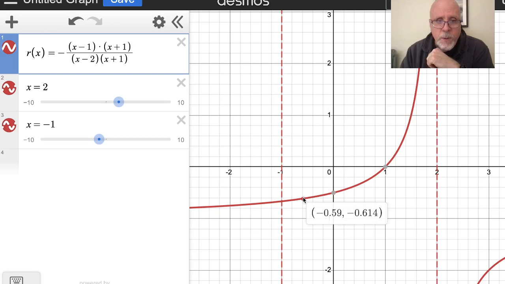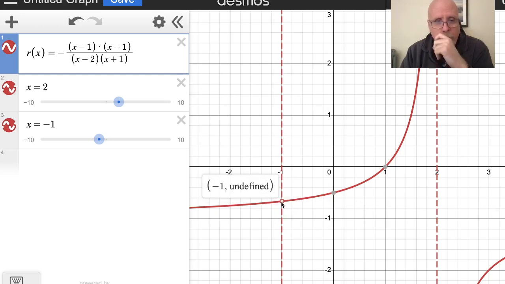If you put your cursor on the graph and trace its value, and you come to the value where the vertical asymptote used to be, you see how it goes undefined at that moment? So even though the vertical asymptote is no longer appearing, the function isn't computable at that value. You have a place where it's not in the domain, despite the cancellation making things look better.